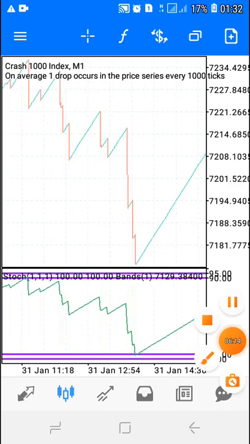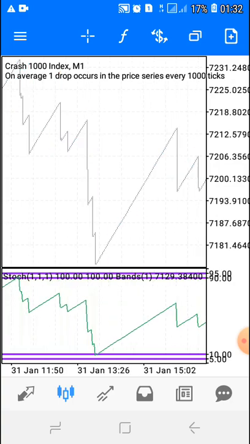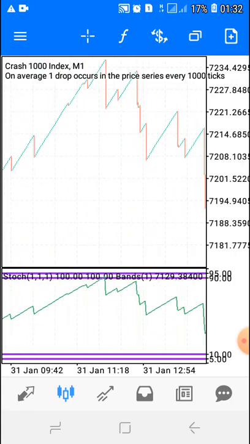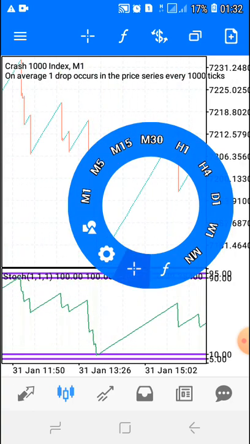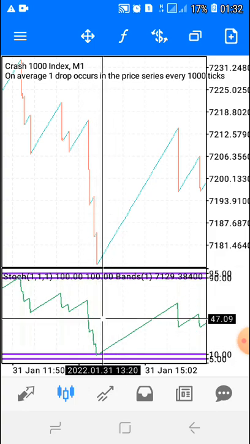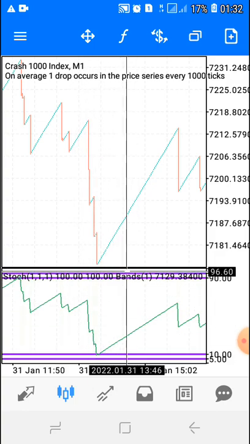So you always need to make sure that your chart is zoomed out completely. I repeat, zoom out your chart completely and drag it to the left and right to check if the Bollinger Bands move. Like in this situation over here, the Bollinger Bands do not move.